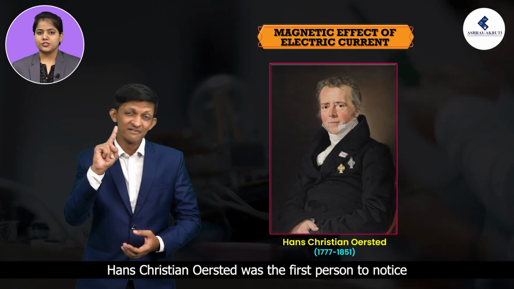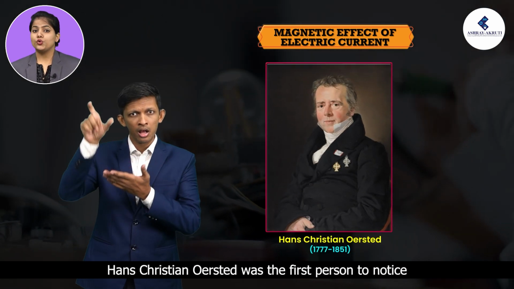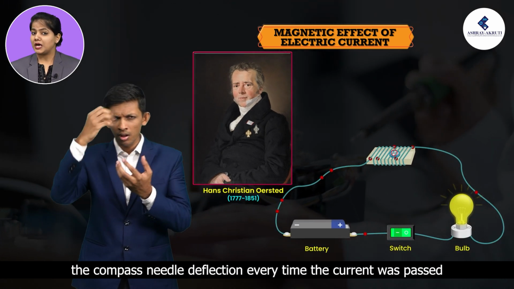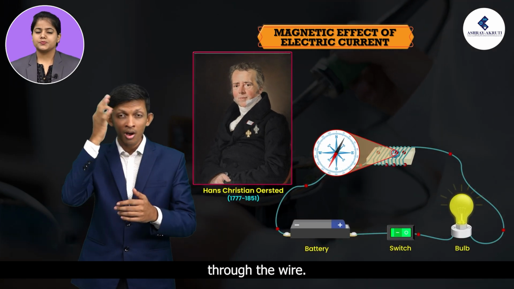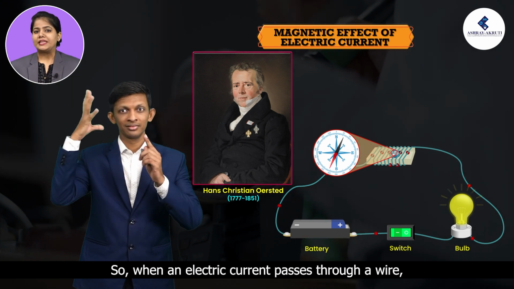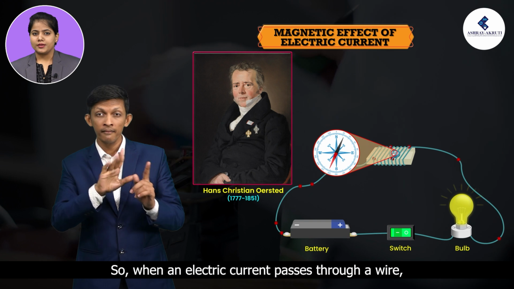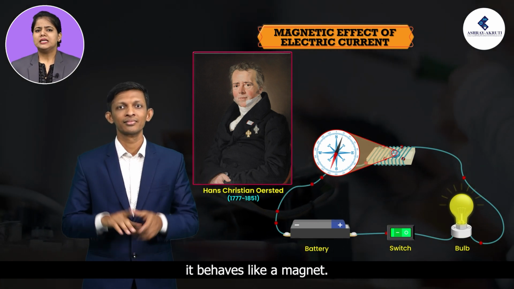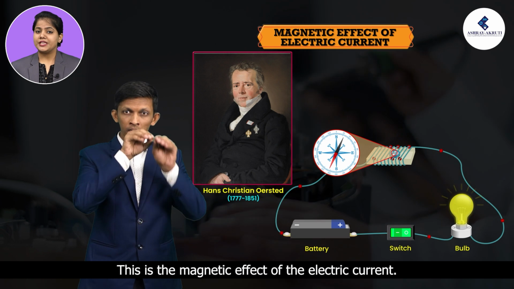Hans Christian Ørsted was the first person to notice the compass needle deflection every time the current was passed through the wire. So, when an electric current passes through a wire, it behaves like a magnet. This is the magnetic effect of the electric current.